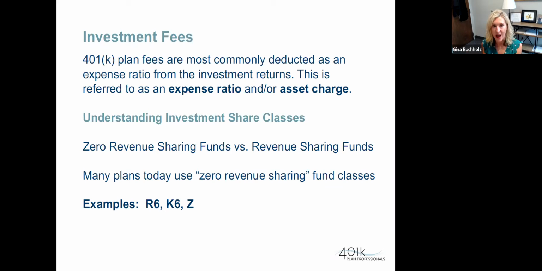Examples of that are an R6, a K6, a Z. There's some other no revenue sharing funds. But whenever you see an R6 or a K6, that means the expense ratio you see is only paying the investment manager. There is no extra revenue in that mutual fund to pay other people. So it's very clean, it's very transparent.